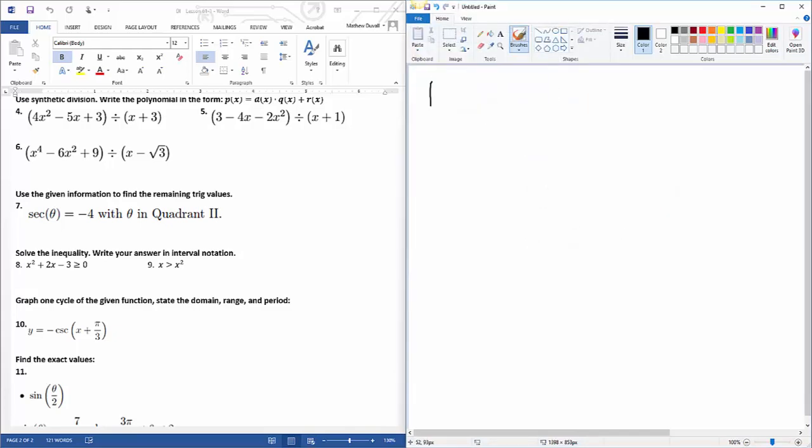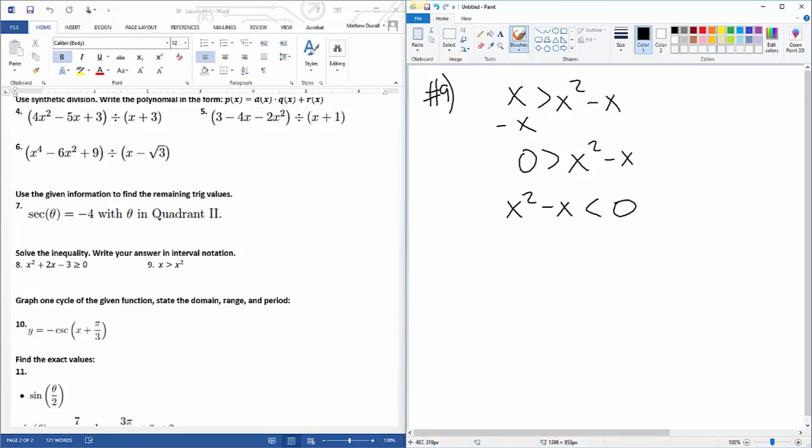See number 9. So I have x is greater than x squared. So if I subtract the x, I get 0. But we said that we always want to compare it to 0 on the other side, so I can flip everything.